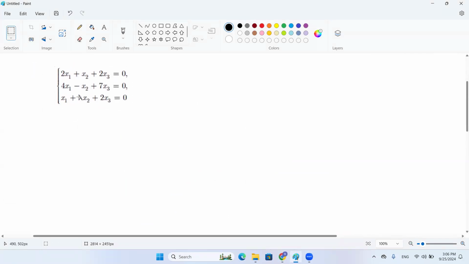This parameter lambda is in the third equation. Now let's write the matrix of the system, starting from the last row. We don't need to write the extended matrix because all right parts are zeros and nothing changes.